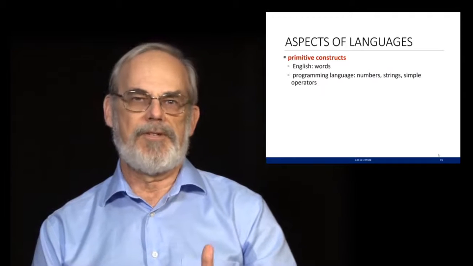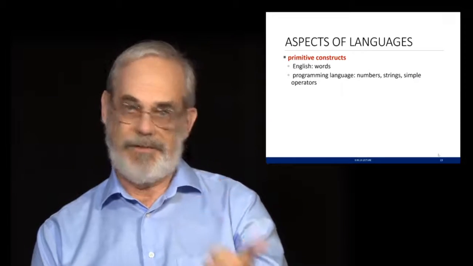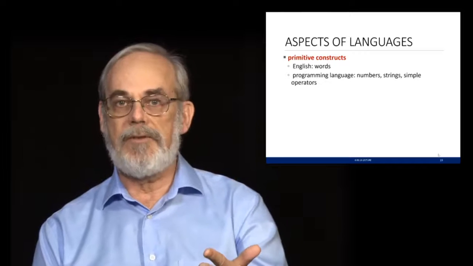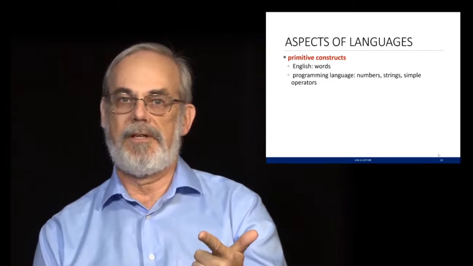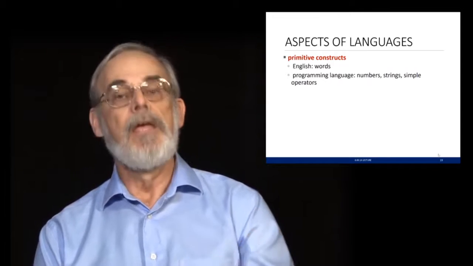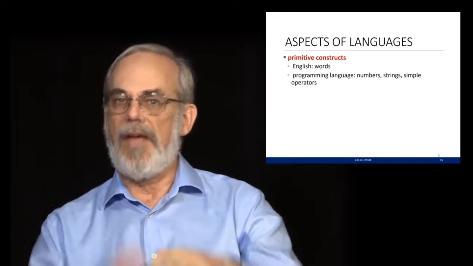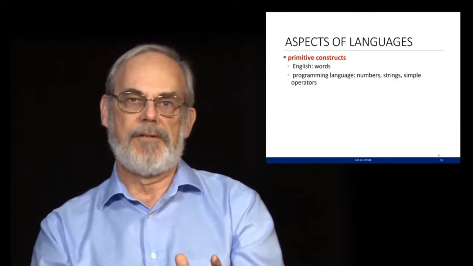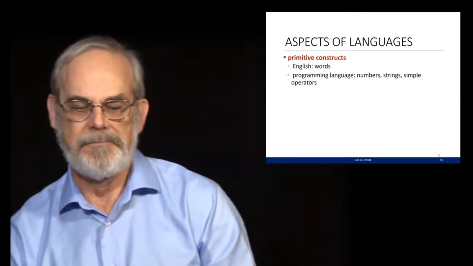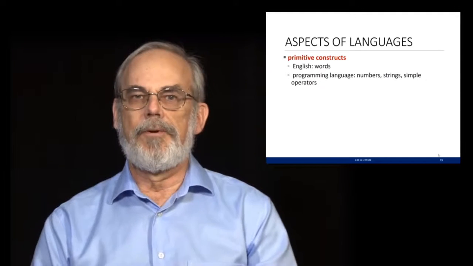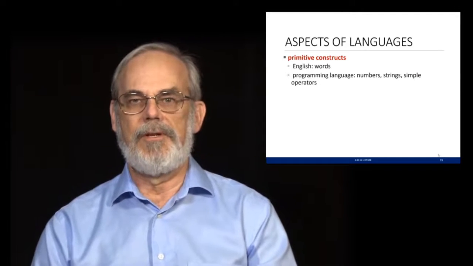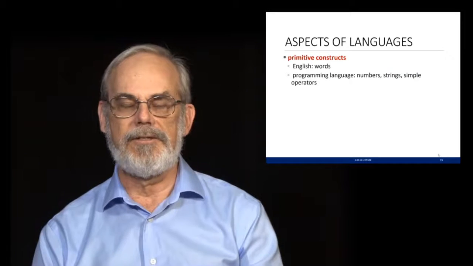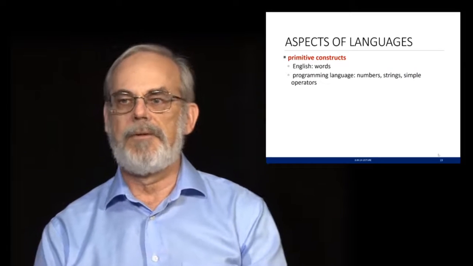Every programming language can be thought of as consisting of a set of primitives, a means of combination, a way of putting those primitives together to create new expressions, and a means of abstraction, a way of taking some complex expression and treating it as if it's a primitive. To talk about this, I'm going to give you an analogy to a natural language like English. In English, what are the primitive constructs?